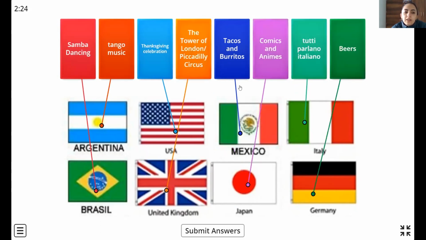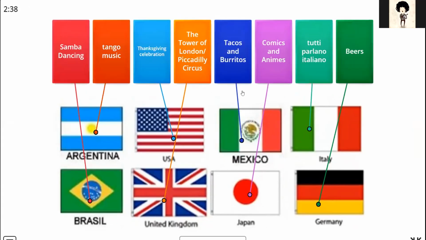What can you see in the labels? ¿Qué tenemos en las etiquetas? Características, teacher. Characteristics, okay, yes. We have some characteristics of what? ¿Características de qué?